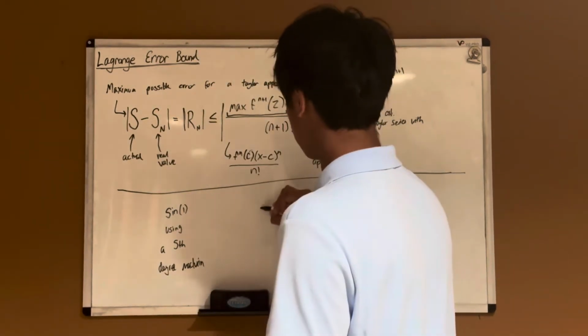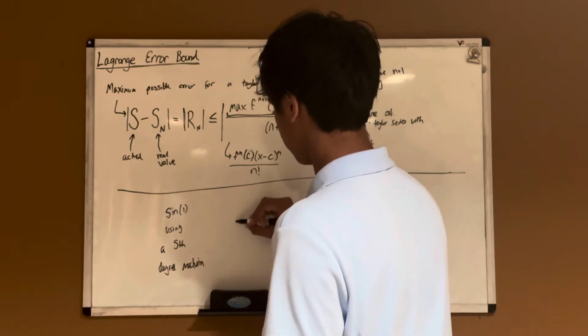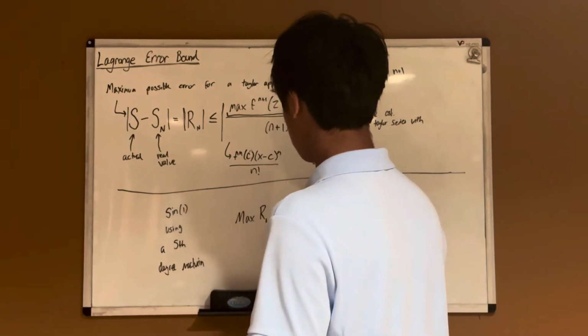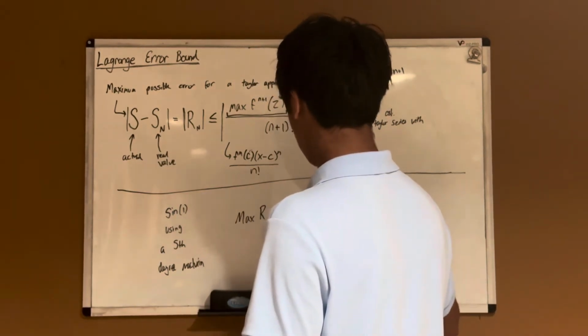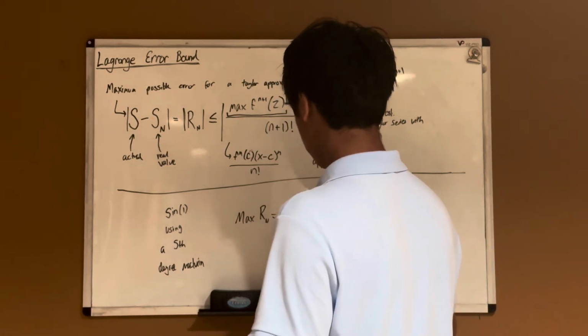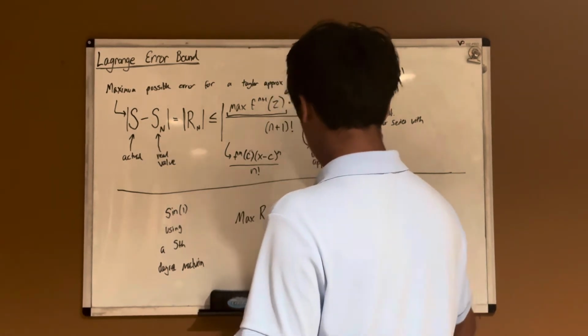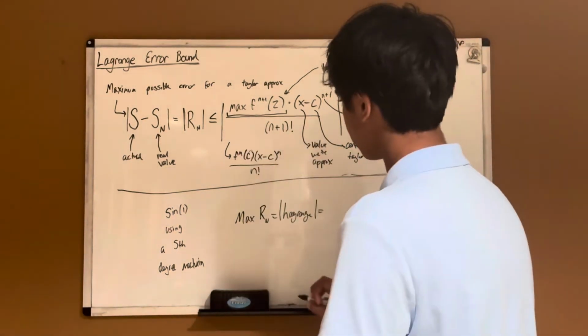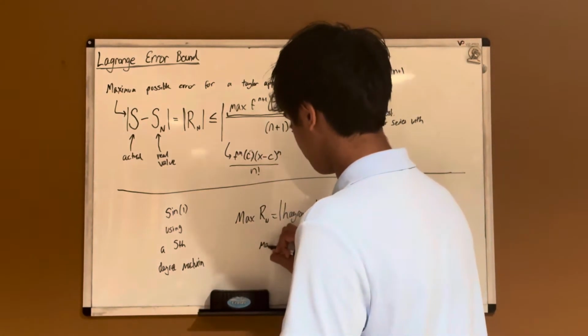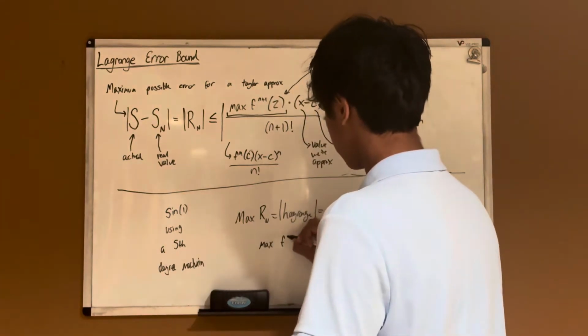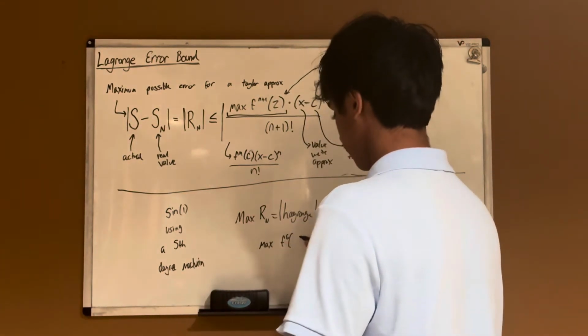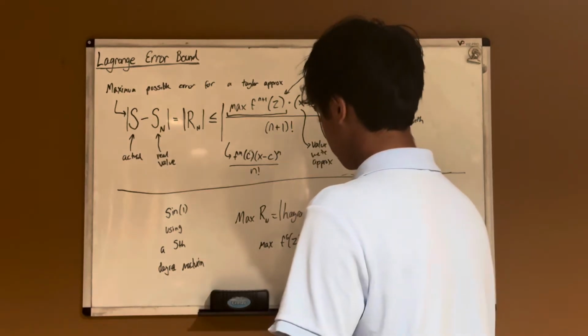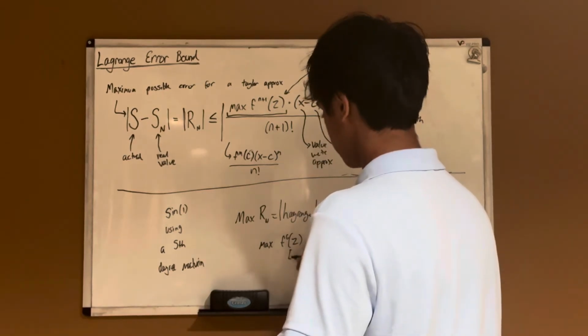So the max error is equal to the absolute value of Lagrange, and we want to find these values. First, we want to find the max value of f of 6, the sixth derivative, at any value z on the interval 0 to 1.